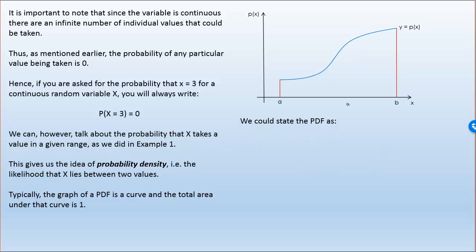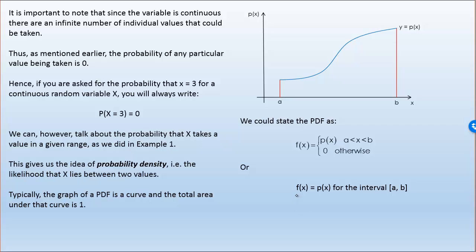We could state the PDF as f of x is some function p of x between a and b, and it really doesn't matter whether these are less thans or less than or equal to's, because the probability of taking a particular value is 0. And then we would also say that it's 0 otherwise, that's outside of the range a to b.